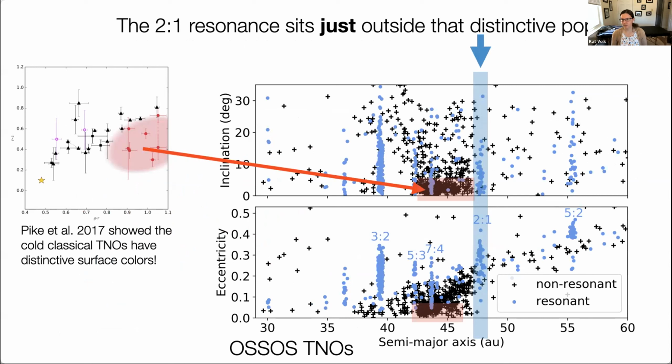And for any plausible Neptune migration scenario, that 2-to-1 had to somehow pass over or through that cold classical population to end up on the outer edge. So it's a really good place to look for how many of these distinctive surface property objects were picked up into the 2-to-1.